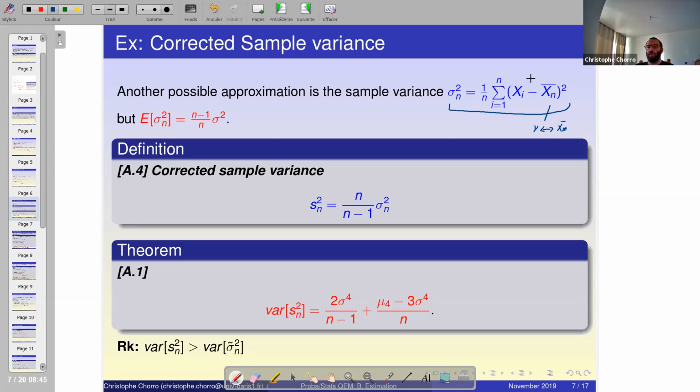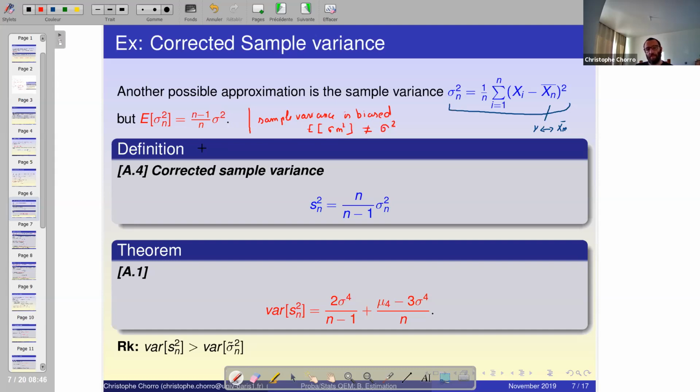We have done the computation of the expectation of this estimator in the previous session, and we have seen together that unfortunately, the sample variance is biased, because the expectation of sigma n square is different from sigma square.